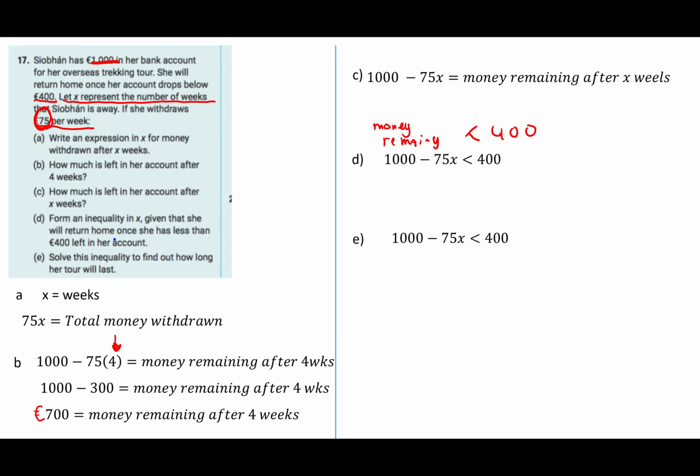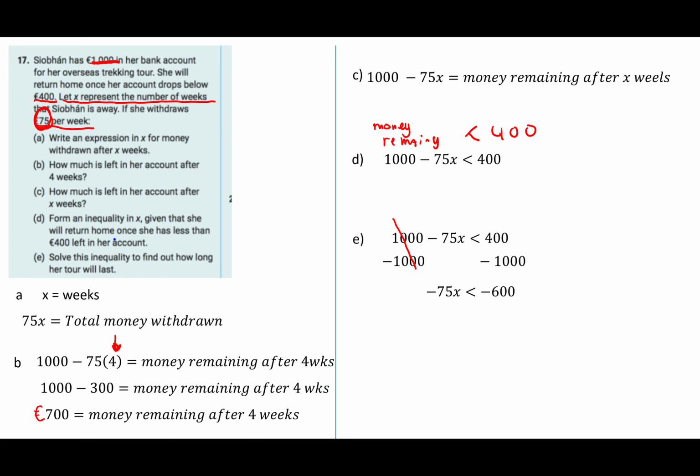The first value we need to move is our 1,000. To move the 1,000 to the other side of our inequality, we subtract 1,000 from both sides and work out our remainder. We're left with minus 75X is less than minus 600.